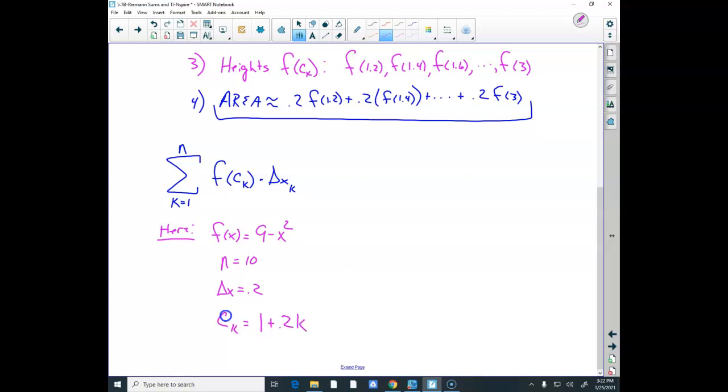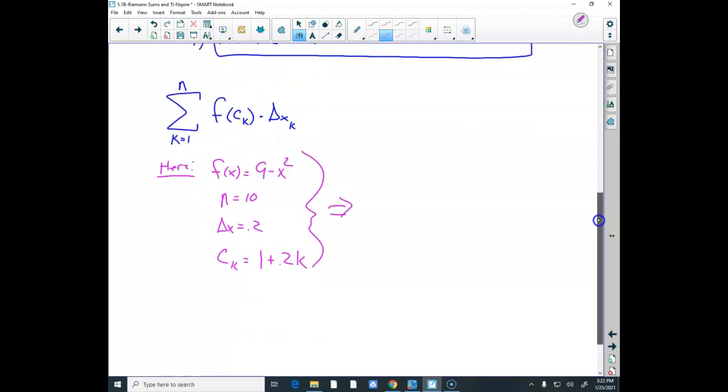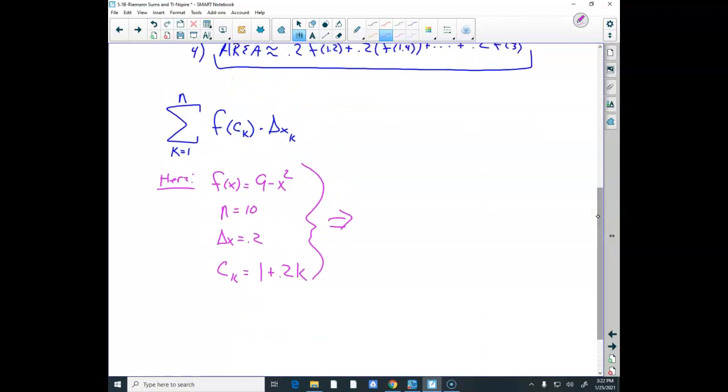All right? Now, we're going to put all of this stuff together to get this into a sigma notation, because our CAS calculator is going to deal with this sigma notation for us, and that is going to take us to our sum. K always is going to be beginning at 1. Now, note, n is 10.